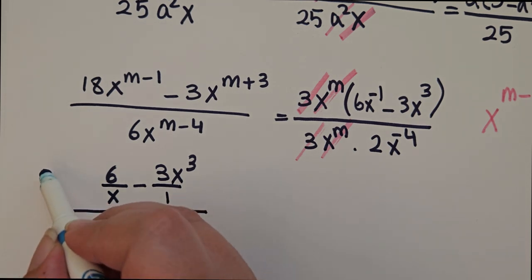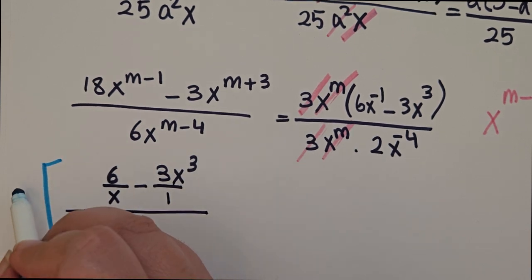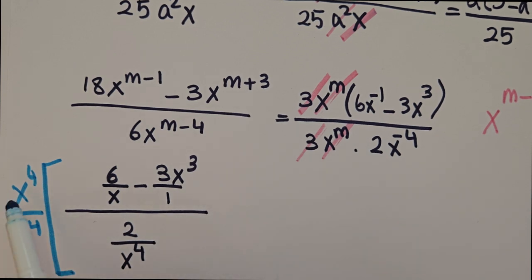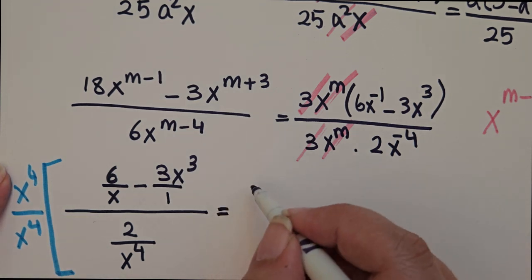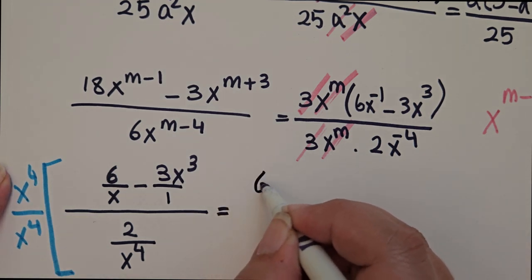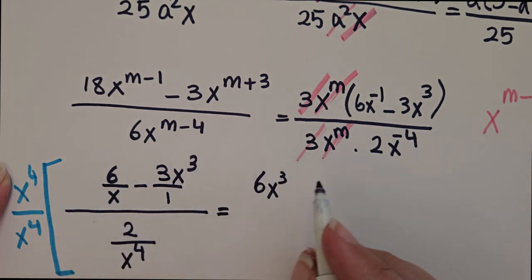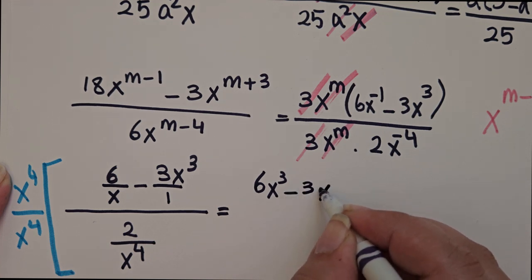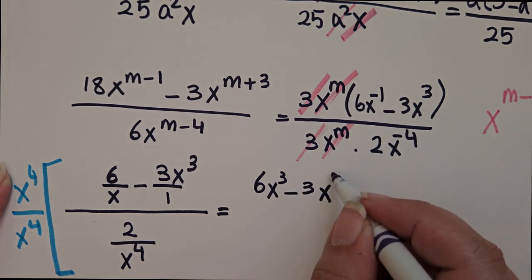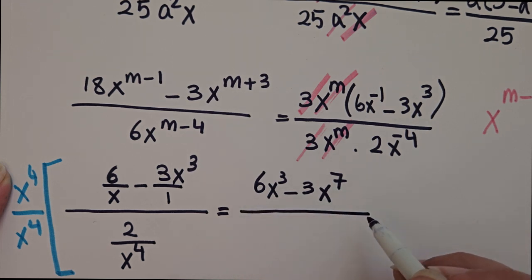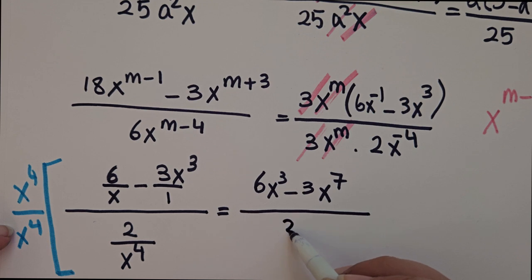So here I will multiply by x⁴. If I multiply the numerator by x⁴, let's see what I will have. I will have 6x⁴ and x will be simplified, 6x³, and here I would have negative 3x to the power 7. Okay, and then here I would have 2.